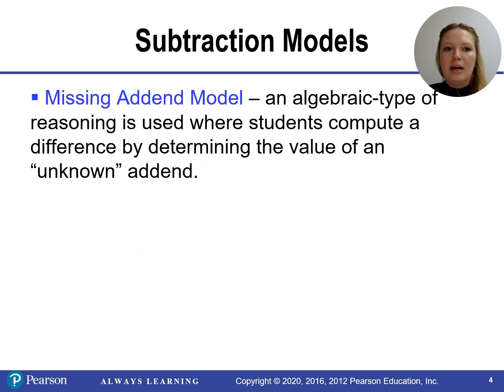We might also have a missing addend model. Remember, addend means if I were adding A plus B together to get C, then A and B are the addends and C is the sum. Missing addend is where I say maybe I have 10 blocks and Sally has some blocks.